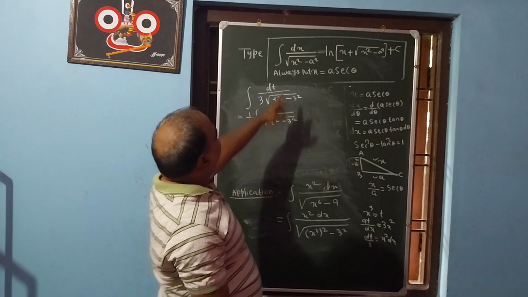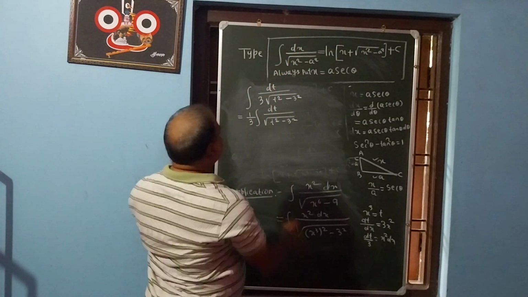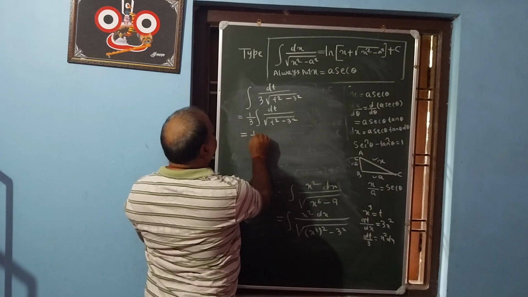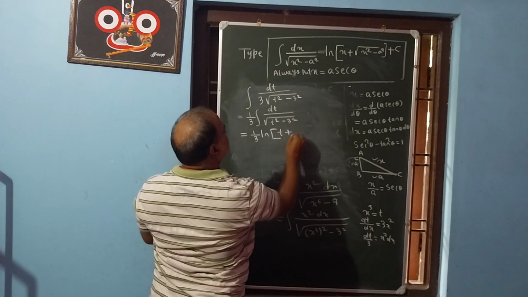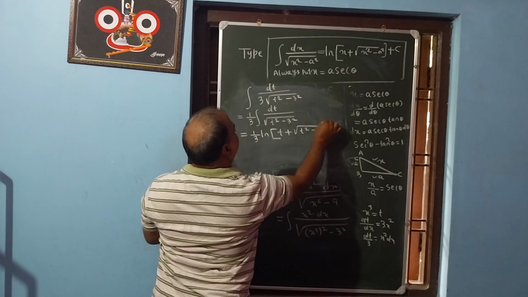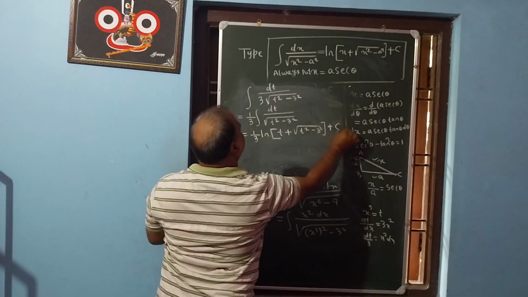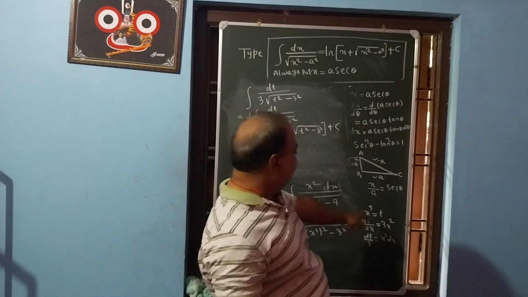So now apply the formula. In place of x, here it is t. So the formula gives 1 by 3 ln of t plus square root of t square minus 3 square, plus c. Now in place of t, we have to put x cube.